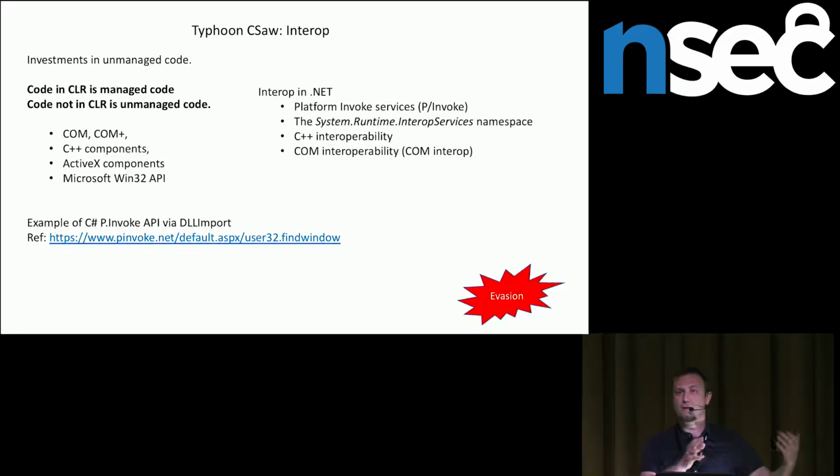So the CLR is managed code, where we've been living for a very long time while creating this prototype, right? Managed code and interop to the unmanaged code, which is outside of the CLR. There is a specific namespace, System.Runtime.InteropServices, that takes care of this.